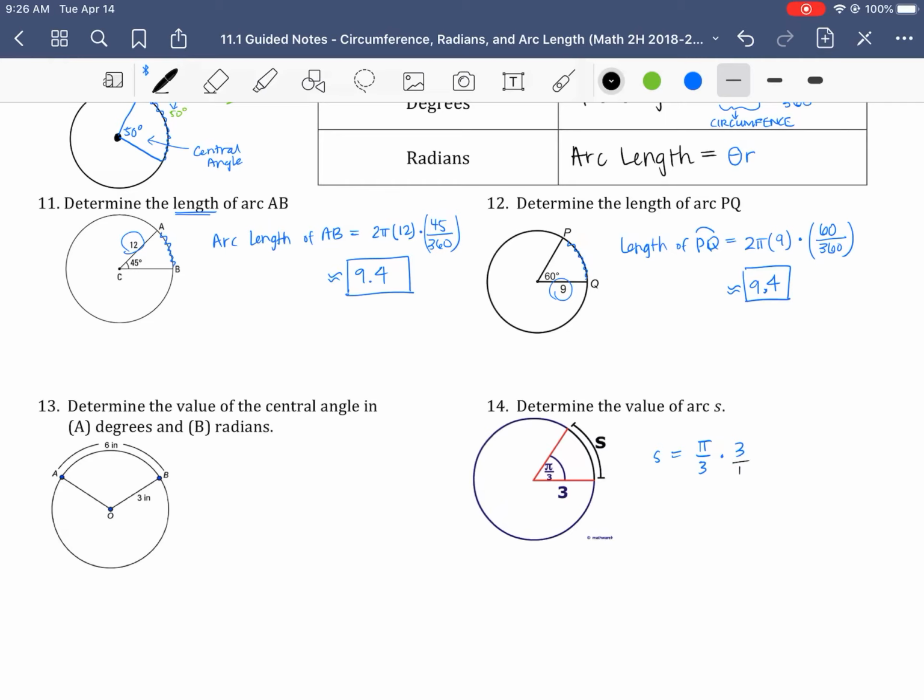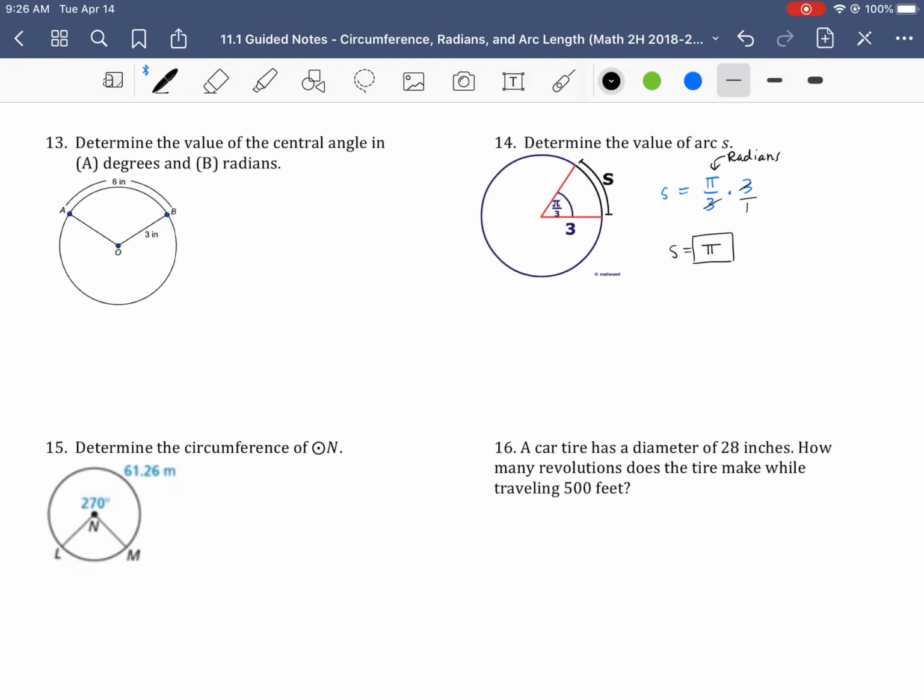So if you multiply, those 3's go away, and S is just equal to pi. So in this case, the length would be about 3.14. Again, this one's radians, so you've got to be able to recognize the difference there.